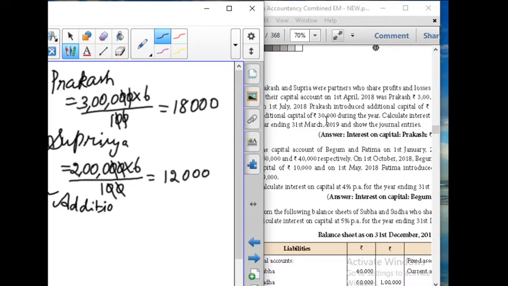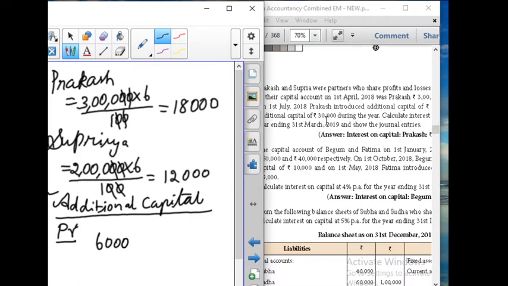Additional capital of Prakash 60,000 into, what is the rate of interest? 6 divided by 100 into July.